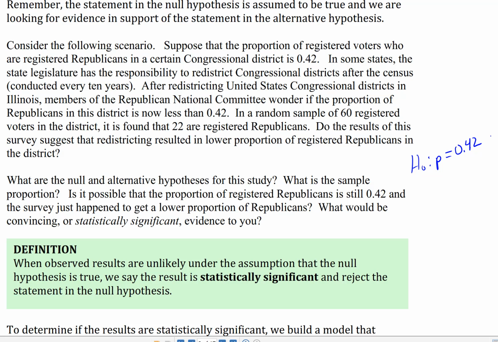And so we want to know if the proportion is what in the alternative? Less than 0.42. Okay. What's the sample proportion for the data that we collected from our 60 registered voters? In other words, what's the value of P hat? Yeah, 22 divided by 60, which if we work this out is 0.367.